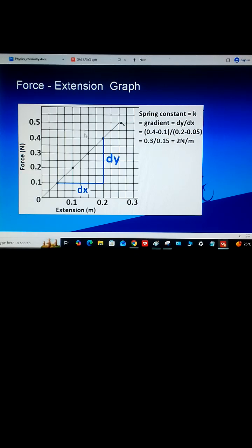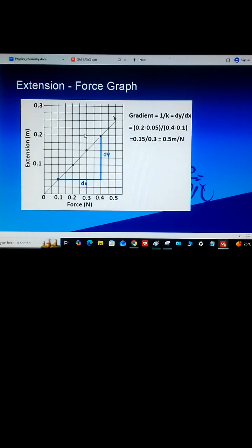Let's see when we plot the extension force graph, what happens. So this is the extension force graph. On the y-axis, you plot the extensions in meters. On the x-axis, you plot the force in newtons. So this is the graph you get here up to the elastic limit.